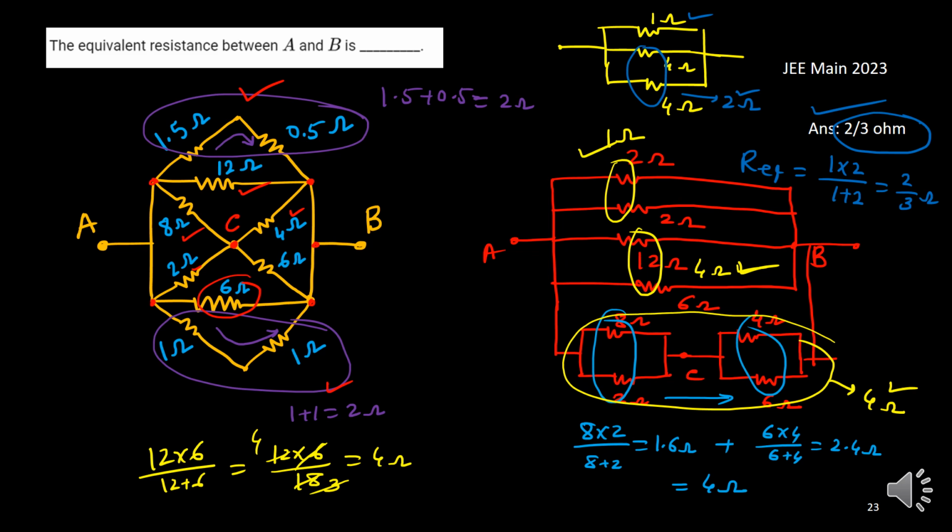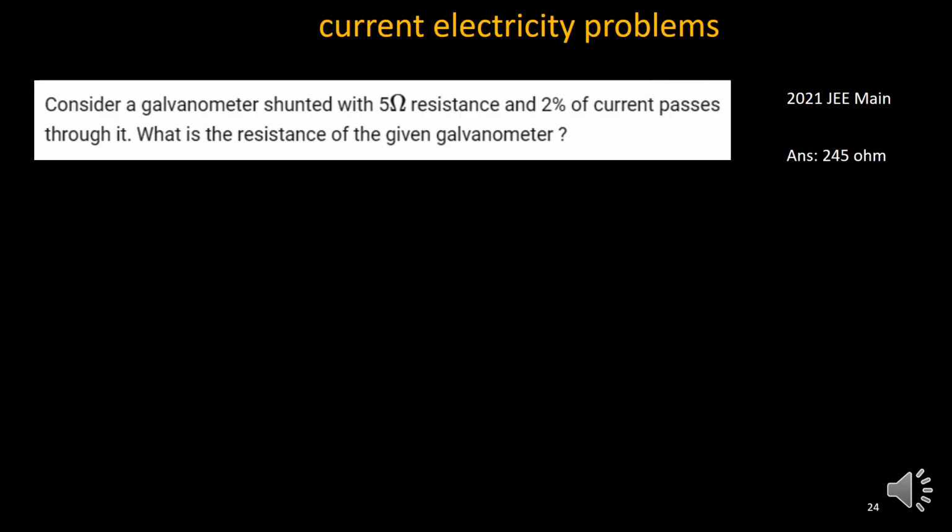Okay. Now go for the next problem. Now consider this problem that appeared in 2021. Now how to solve these things? One galvanometer is given. Okay. It is connected in shunt, means parallelly, with a 5 ohm resistance and 2% current is passing through it.